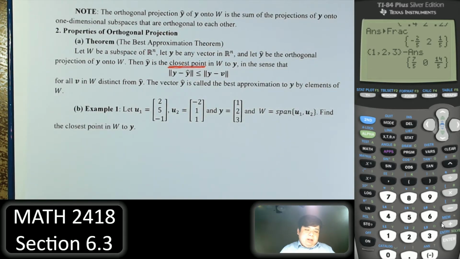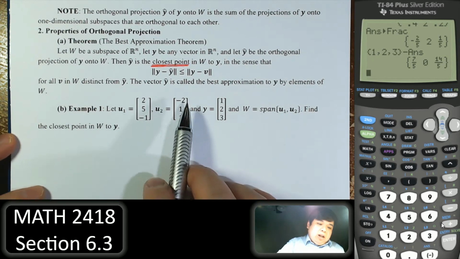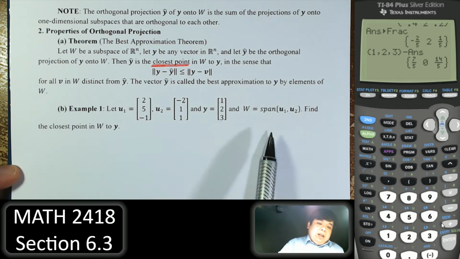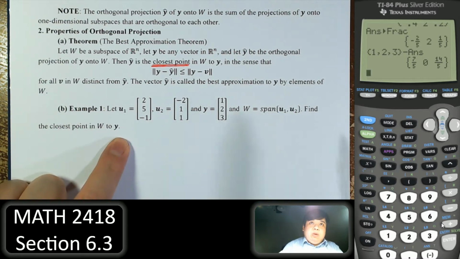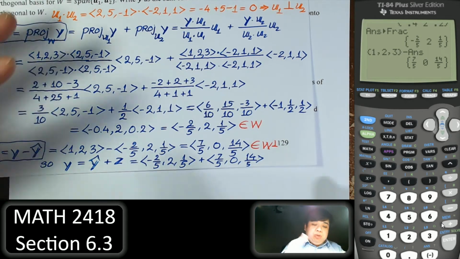Right, now let u1 be 2, 5, and negative 1, u2 be negative 2, 1, and 1, and y is 1, 2, 3. And W is spanned by those. Find the closest point of y to W. Actually, this is exactly the example that we have earlier, because I don't want to do this calculation again.